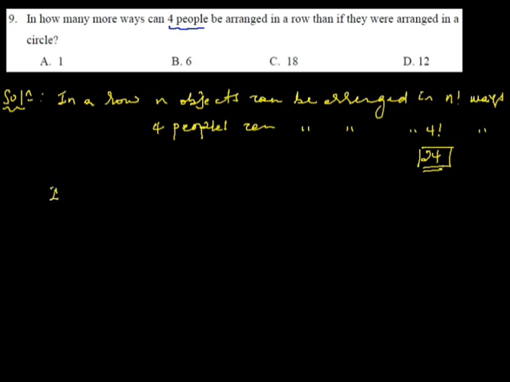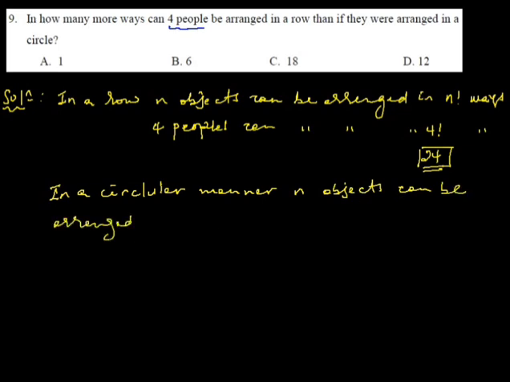Whereas in a circle, in a circular manner, n objects can be arranged in n minus 1 factorial ways.